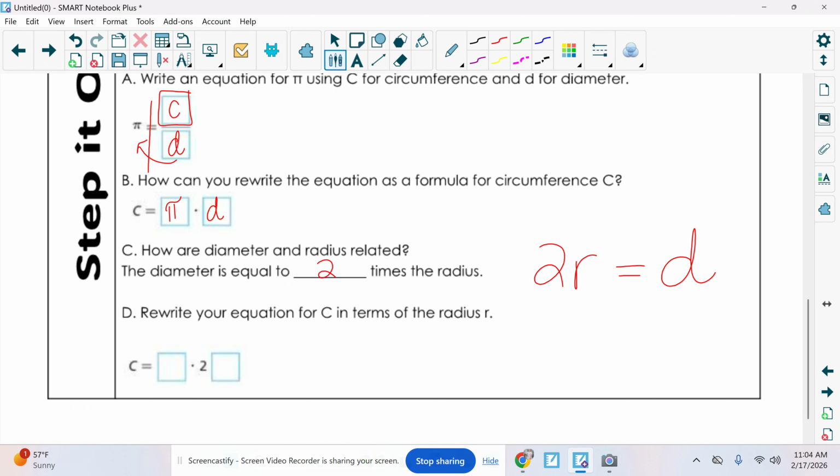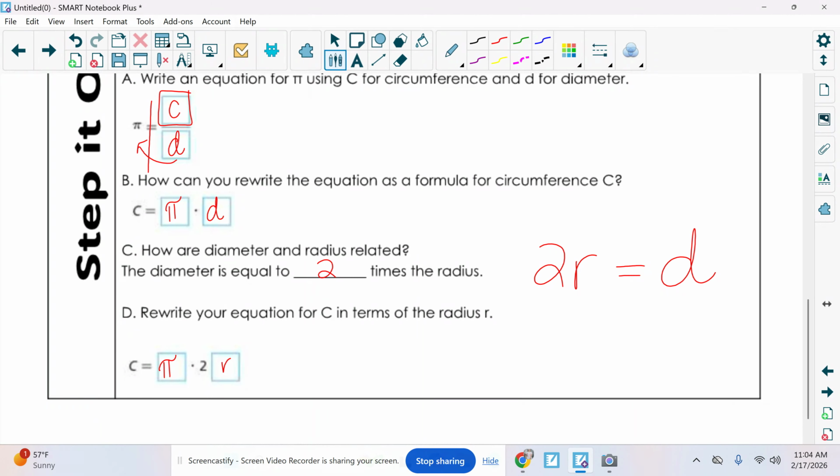So let's say instead of having the diameter, they give us the radius, we would use the formula pi times 2r. You pick the formula based off the information that you have. If it gives you the diameter, you use the diameter formula. If you have the radius, you use the radius formula.